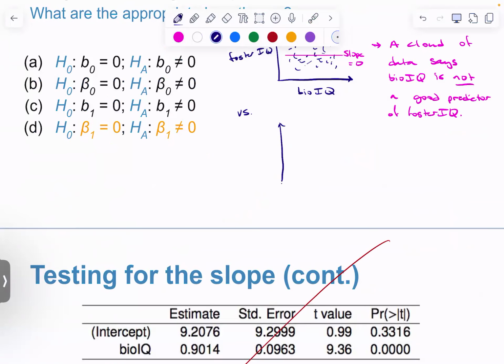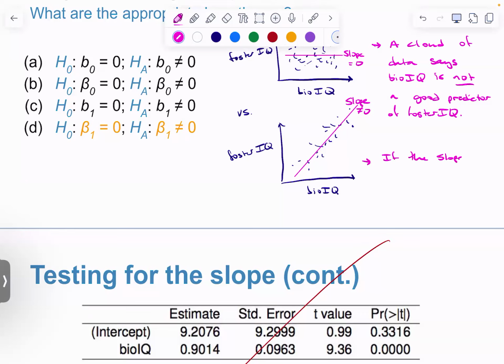Versus if you have your bio IQ and your foster IQ, and you see something where the slope is not equal to 0.